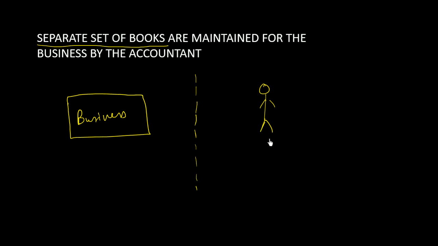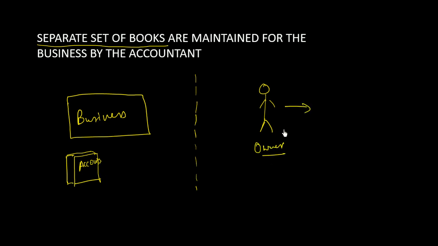The owner's personal transactions are not recorded in the books which are kept for recording the transactions of the business. Say this is the books of accounts. Let me draw a book. Hope it looks like a book. Let me write accounts. Say this is the books of accounts of the business.